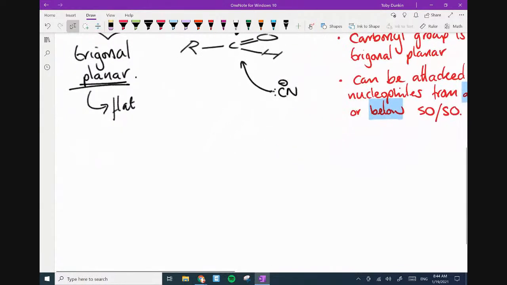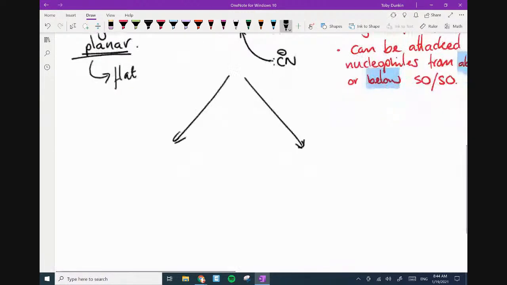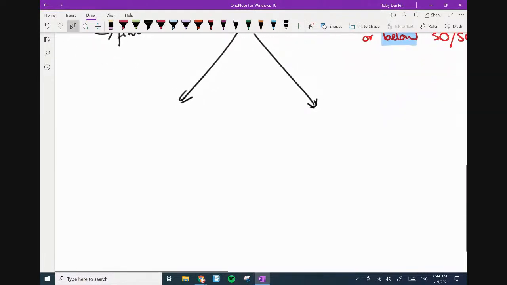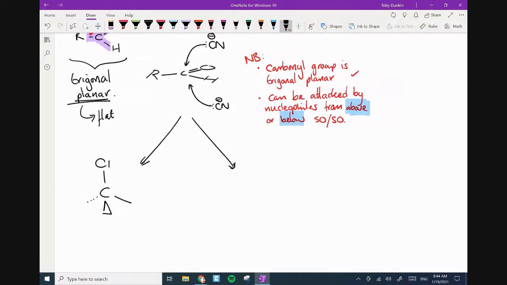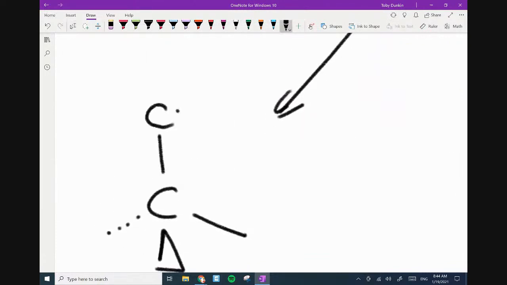Now, because of this fact, because it can be attacked from above or below, something really cool happens. So number 1, the new product that we're about to make changes shape. It becomes tetrahedral. So if it went in from above, notice a key thing with these diagrams: it must be going to the C. Common mistakes by students.